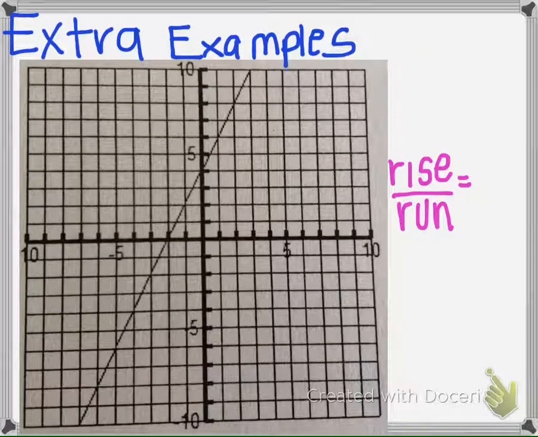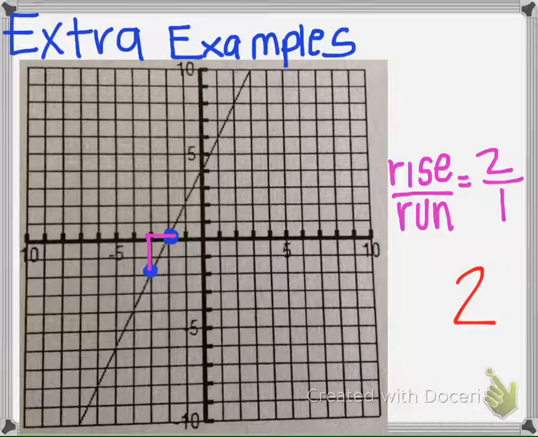Okay, go ahead and pause the video, try this next problem. We're going to pick 2 points, and we're going to rise 1, 2, and we're going to run 1. And 2 divided by 1 is 2. And then from the left to the right, we're going up. So we get a +2.